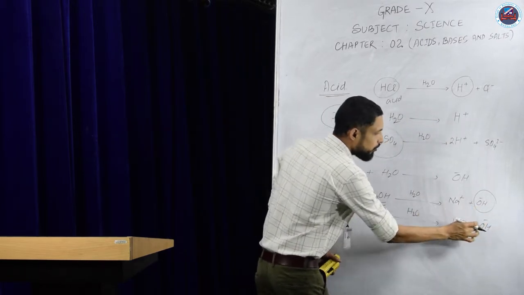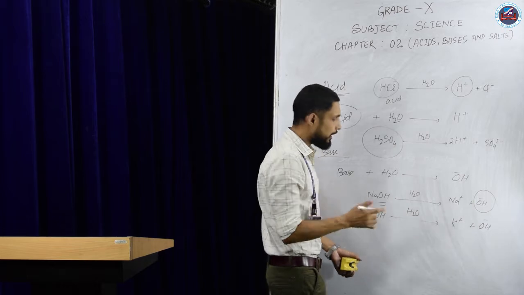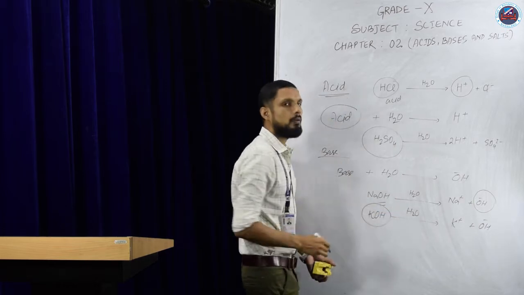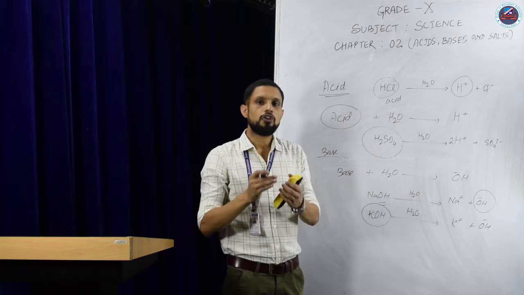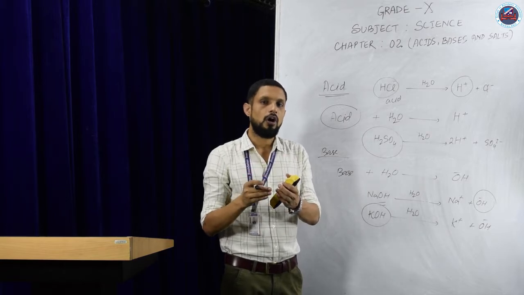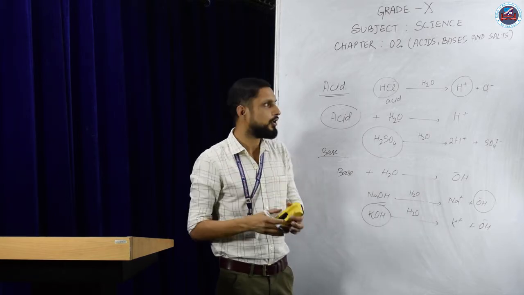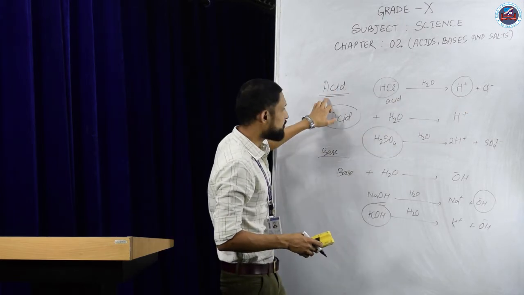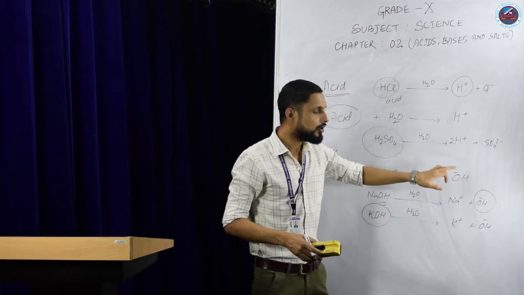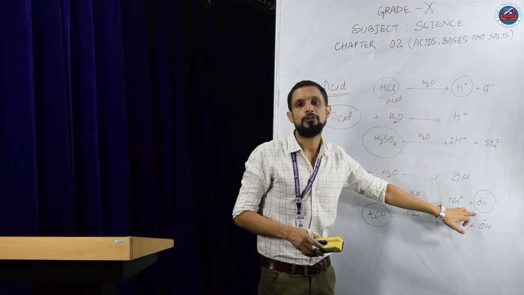It gives out OH negative, that is hydroxyl ion, so therefore this is a base. So in general, we can say the compound on dissolving in water, if it gives out H positive, the compound is acid. If it gives out OH negative, the compound is base.